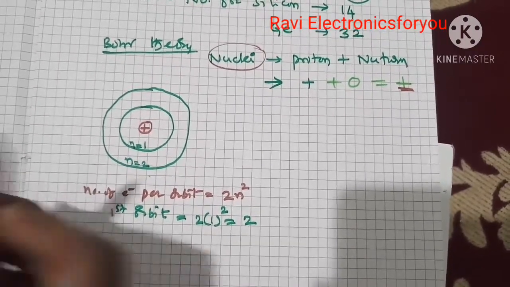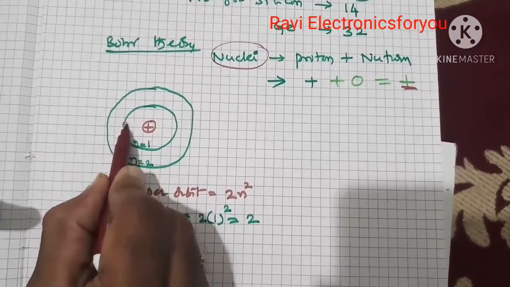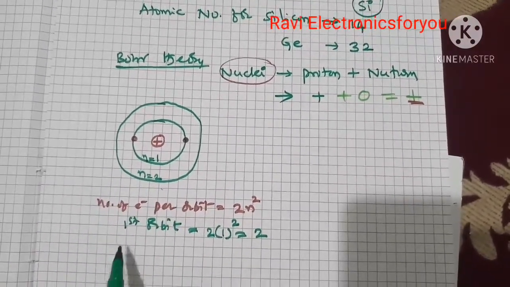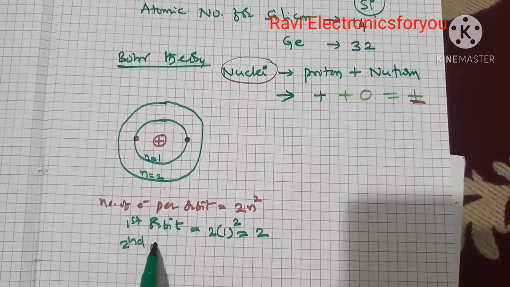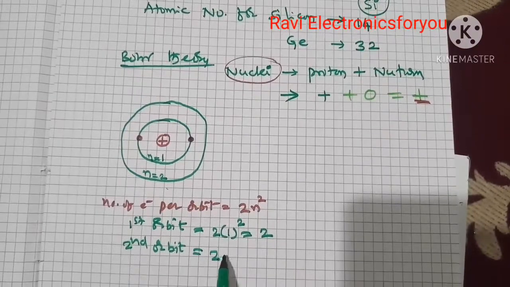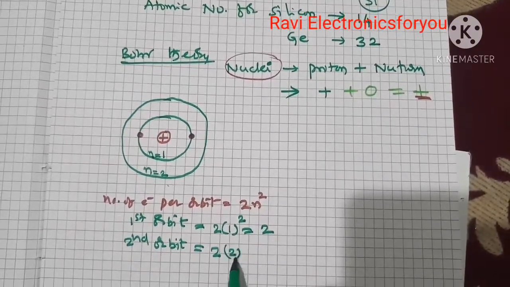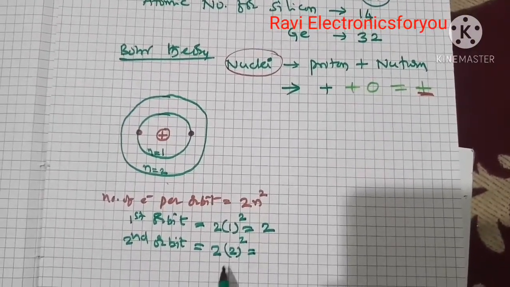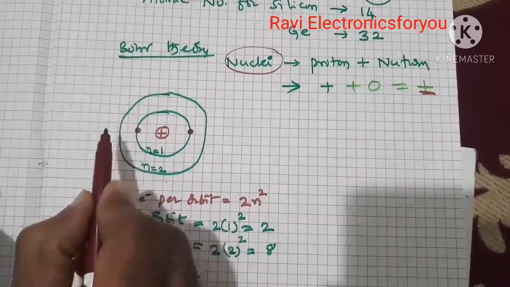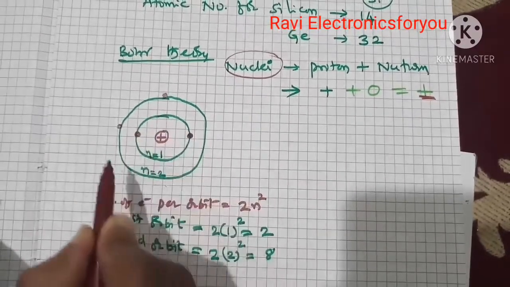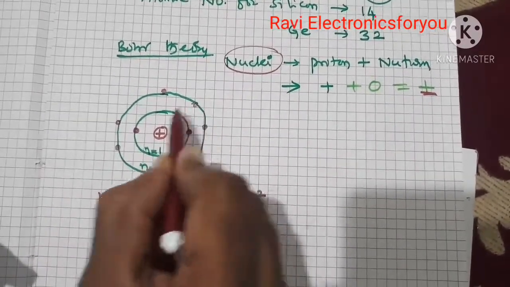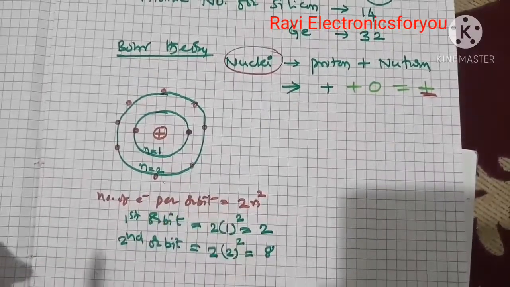So in the first orbit there will be 2 electrons. Now in the second orbit, n equal to 2, so 2 times 2 squared gives 8. So in the second orbit you will have 8 electrons: 1, 2, 3, 4, 5, 6, 7 and 8.